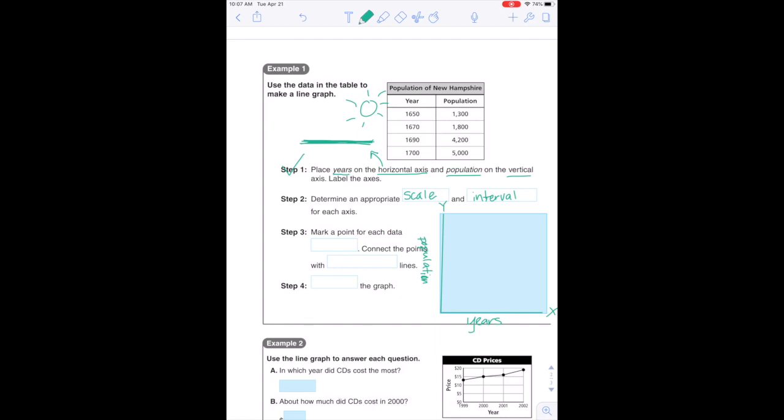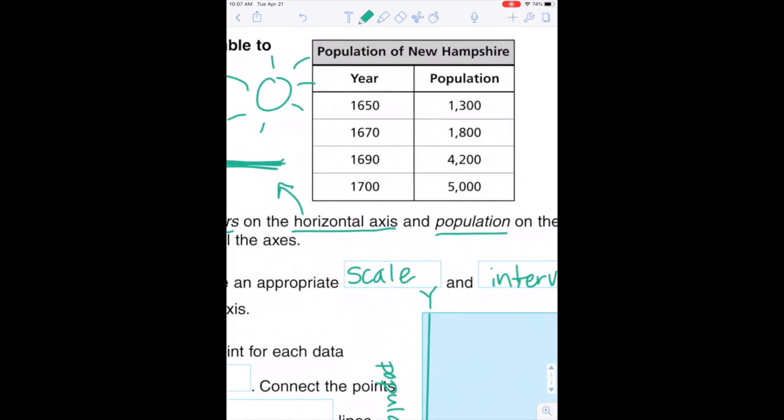So the first thing, remember our bottom axis, our x-axis, is the year. So if we look here, our years, we start at 1650. And then we have to think of how should we maybe go to 1700.